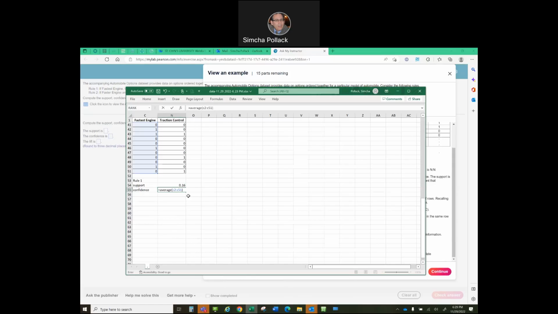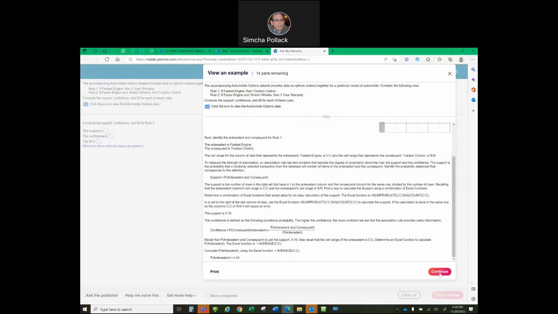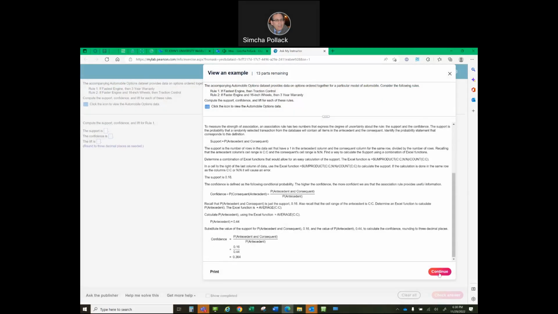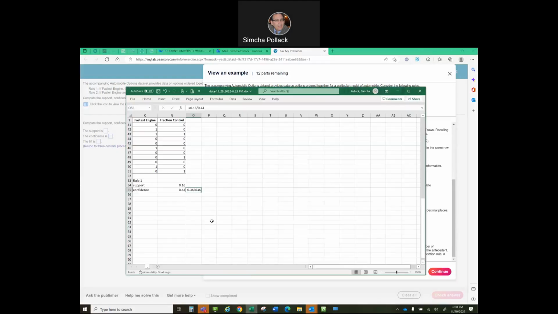Let's just do it in two stages. The average is 0.44, so it's 0.16 divided by 0.44. That comes out to 0.363. So the confidence is 0.363. Let's see how we're doing. It's 0.16 on top and the number on the bottom. Continue. 0.44, 0.364, we got it right. 0.364 when you round it to three places.